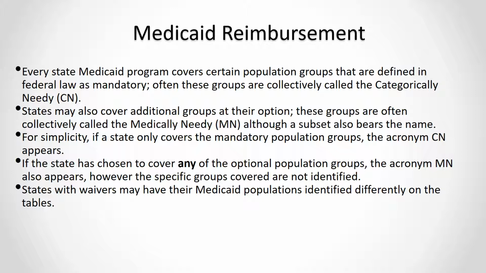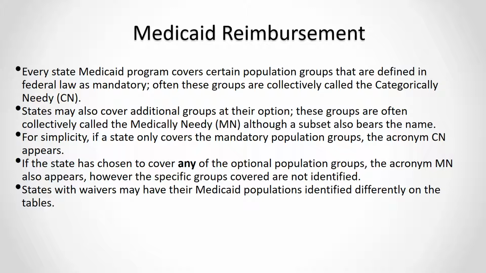Although a subset also bears the name, for simplicity, if a state only covers the mandatory population groups, then an acronym CN appears. If the state has chosen to cover any of the optional population groups, then the acronym MN also appears.